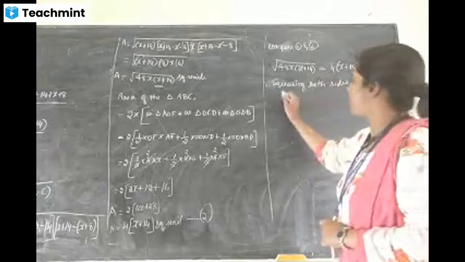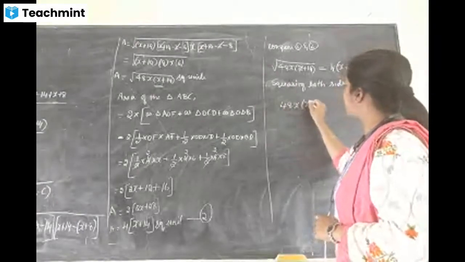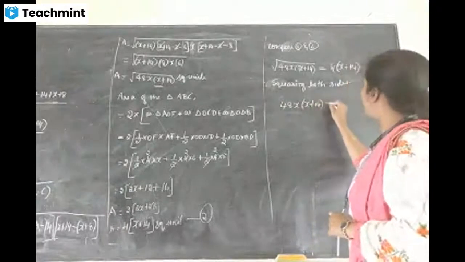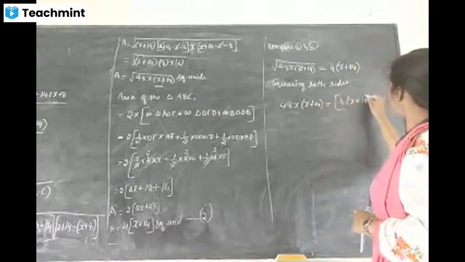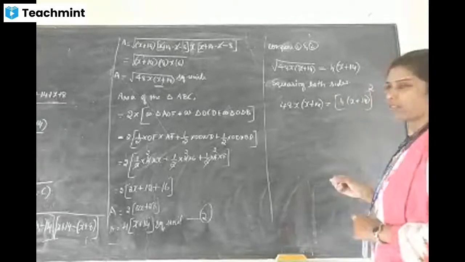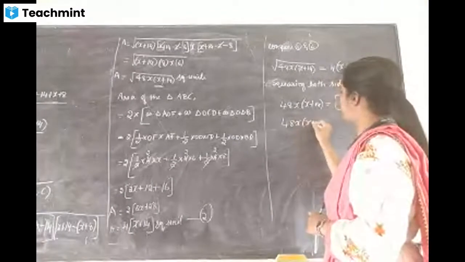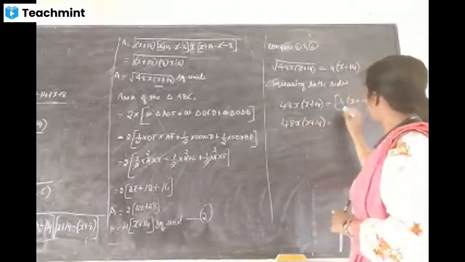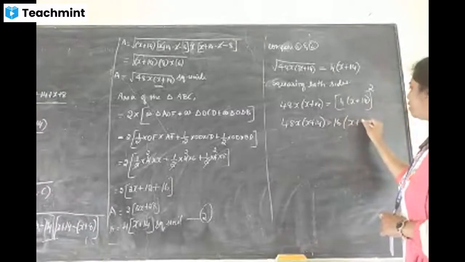If I square this one, what happens? The square root will go, and I get 48x into x plus 14. Here everything comes inside the square. Now 48x into x plus 14 equals 4 square, 16, times x plus 14 whole squared; don't open this square, let it be like this only.